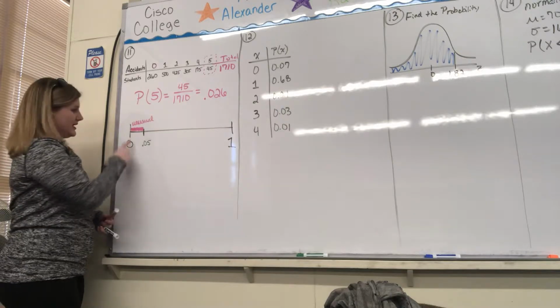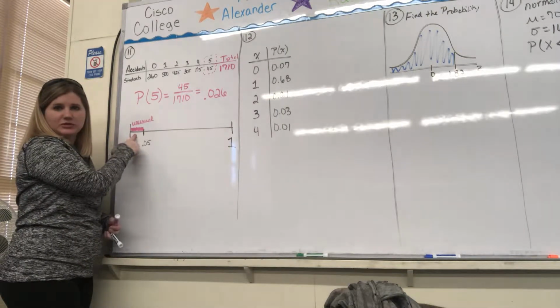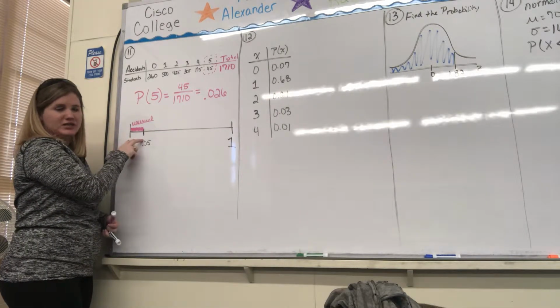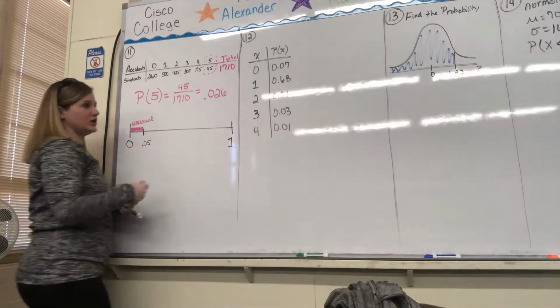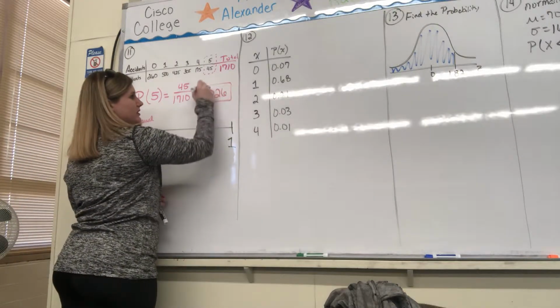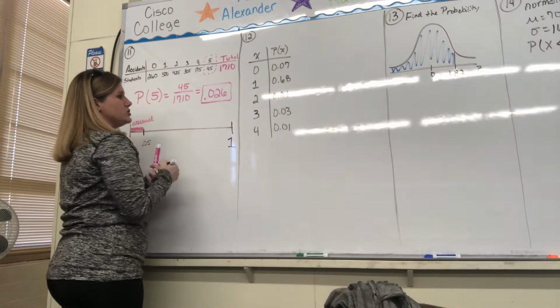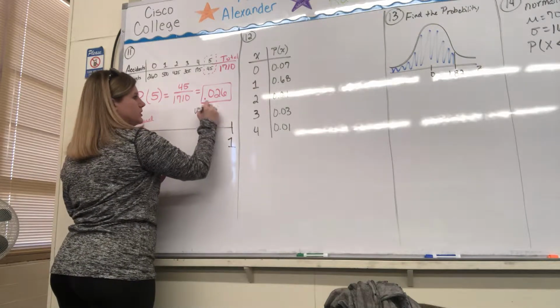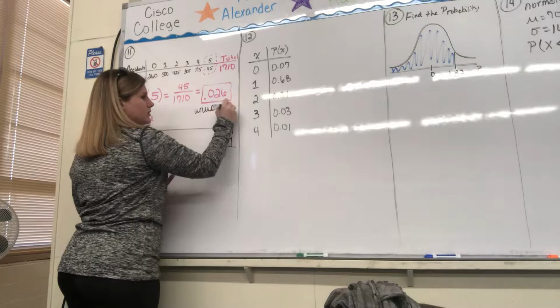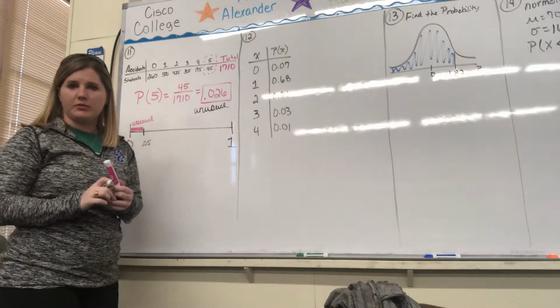0.026 would fall right there in the middle, somewhere in this unusual range. So this right here is an unusual percentage, probability.